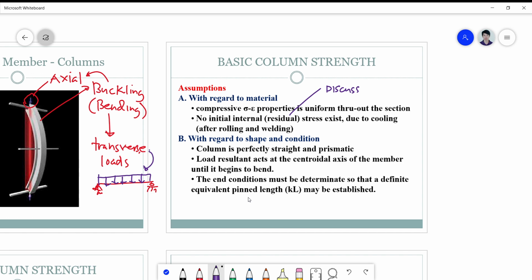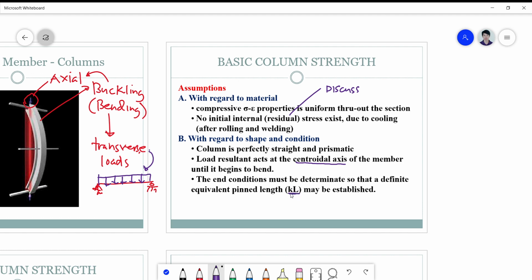The load resultant acts at the centroidal axis of the member until it begins to bend. Okay, sometimes loads cannot be perfectly applied on the centroidal axis, and the end conditions must always be determinate so that a definite equivalent beam length KL may be established.